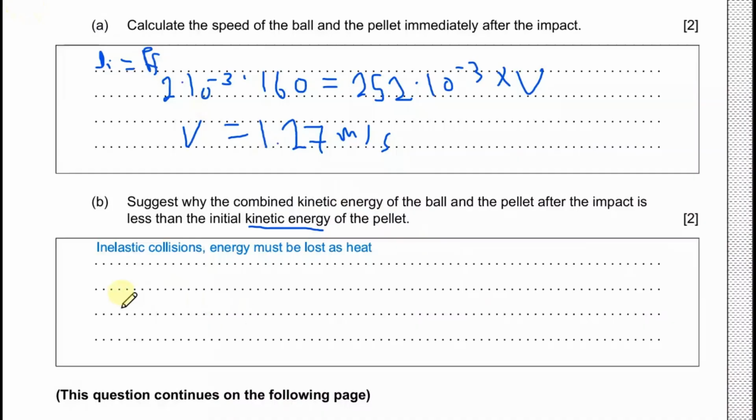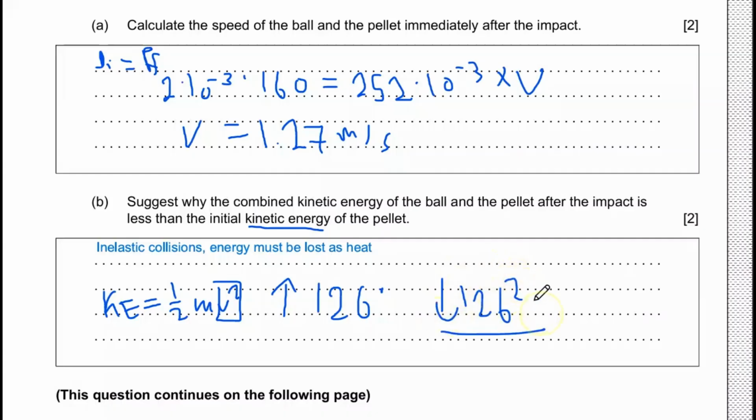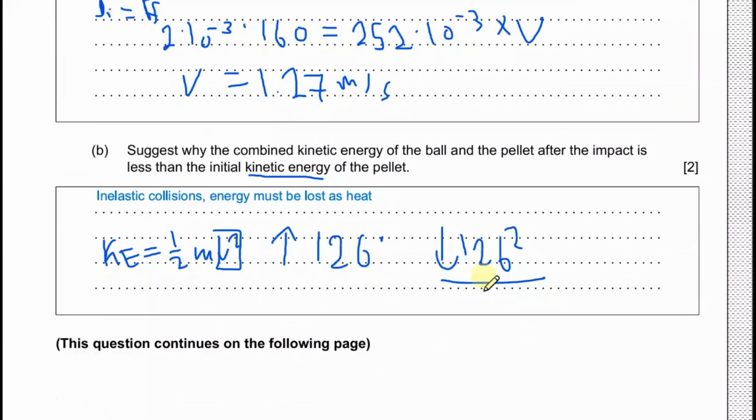We can also see that since kinetic energy is equal to half mv squared, even though the mass went up by a factor of 126.6, that means the velocity also went down by a factor of 126.6, but because in kinetic energy it's velocity squared, the fact that it goes down by 126 would be squared, so it would have a much greater impact, therefore kinetic energy would be lost.